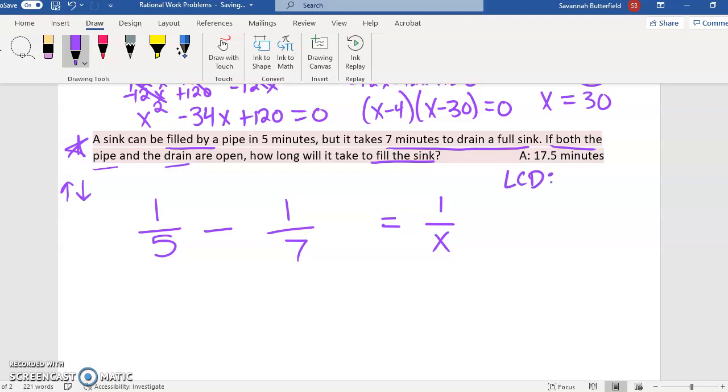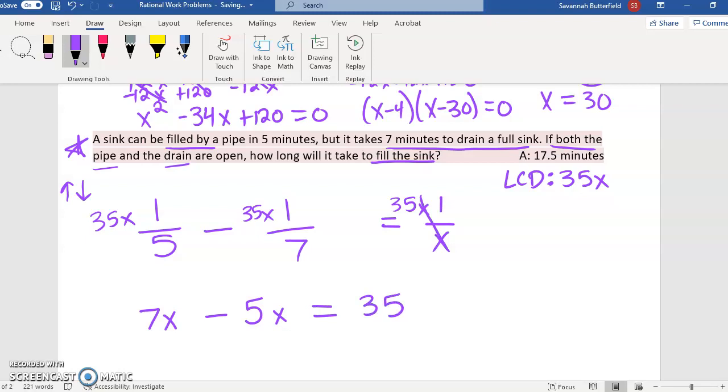This least common denominator, 5 and 7, their least common multiple is 35, and then we have to bring in the x. So if we multiply by 35x, 35 divided by 5 is 7, and the x gets to tag along, minus 35 divided by 7 is 5, and the x again tags along, and we equal, this time my x's cancel, and we're left with just 35. 7x minus 5x gets us 2x equals 35.